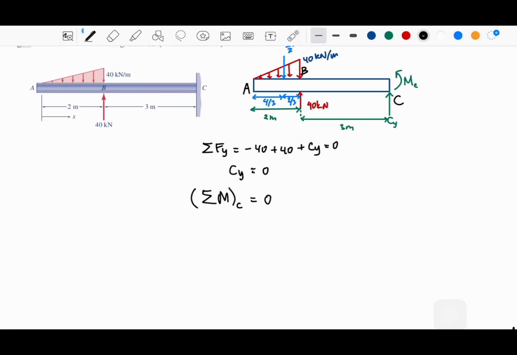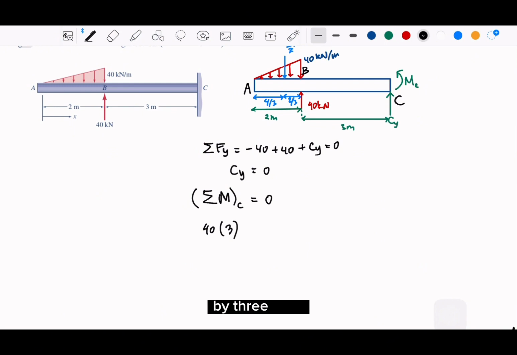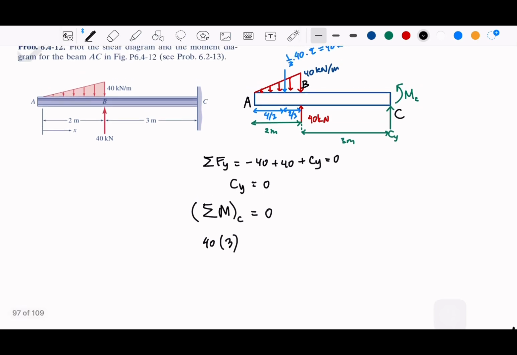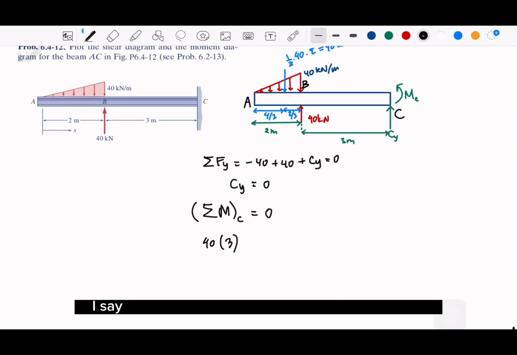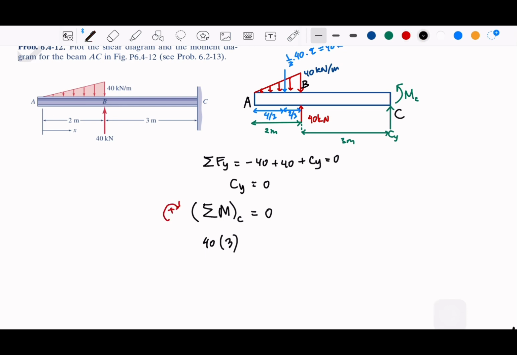So 40 by 3, and then another 40. Let me make it clear, this is positive over there.